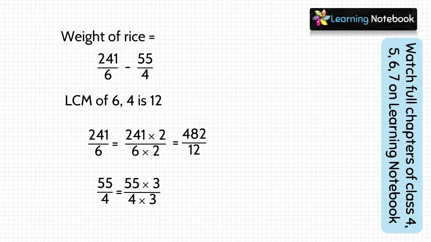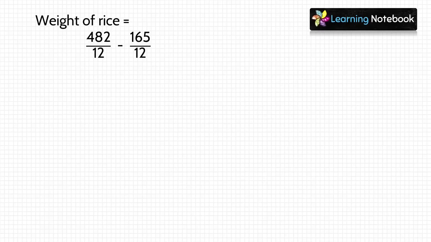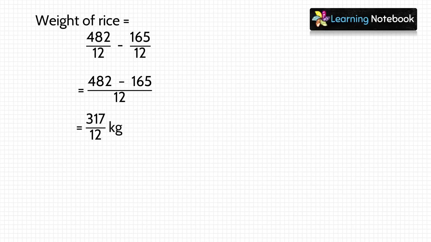We get the fraction as 165/12. So now we have got like fractions. So let's just subtract their numerators. So 482 minus 165 equals 317, and the denominator 12 remains the same. So we get the fraction as 317/12.